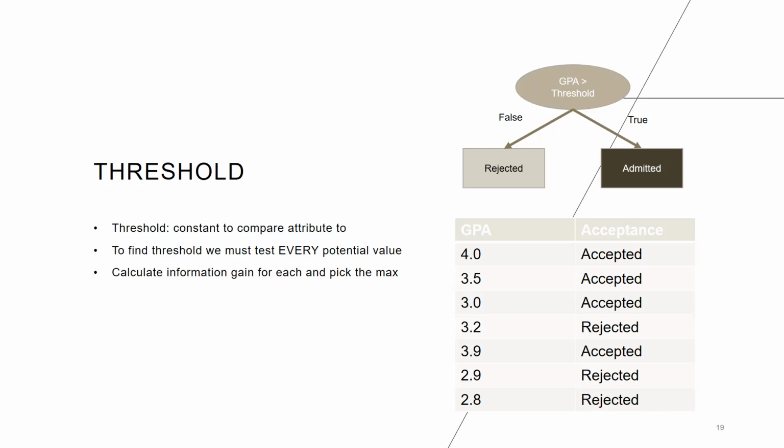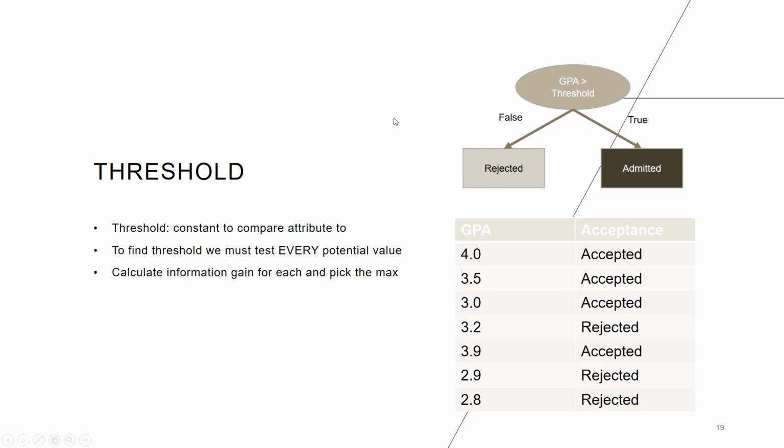And so, as we see here, if we split it at 3.0 or greater, the number of people that are accepted is 1, 2, 3, 4 out of a total of 5 data points. So the right side would be a 4 out of 5 chance of being correct. And if we split on the left, that means when the GPA is less than 3.0, which is the 2.9 and 2.8, you'd be rejected, and that has a 2 out of 2 chance.